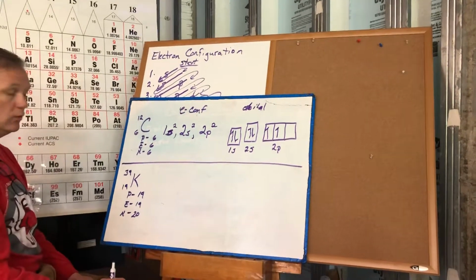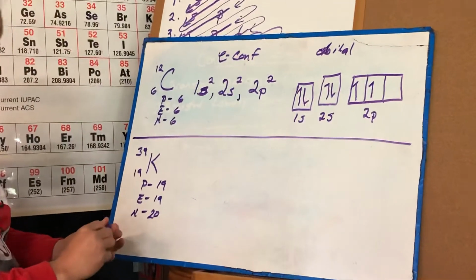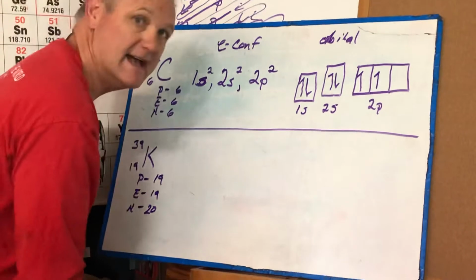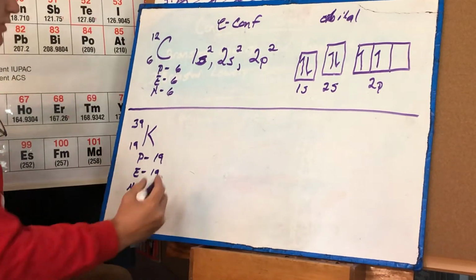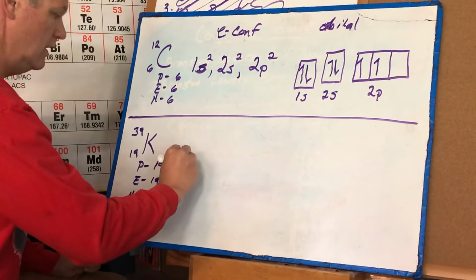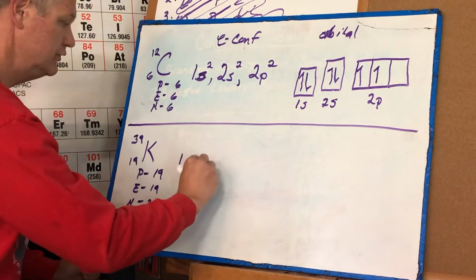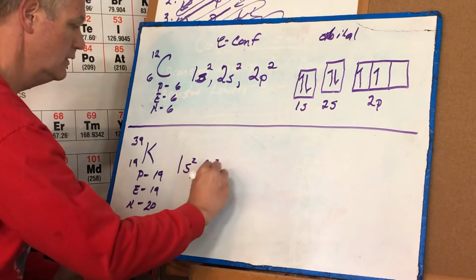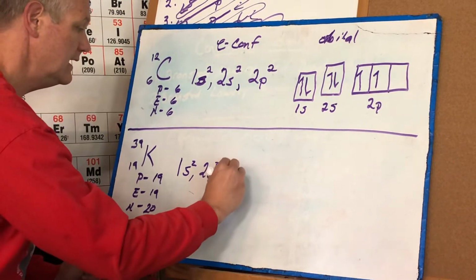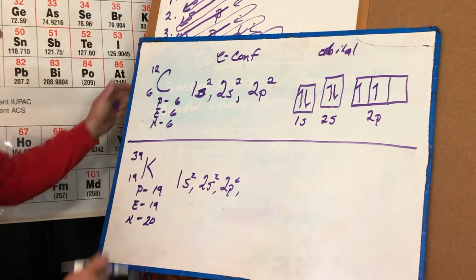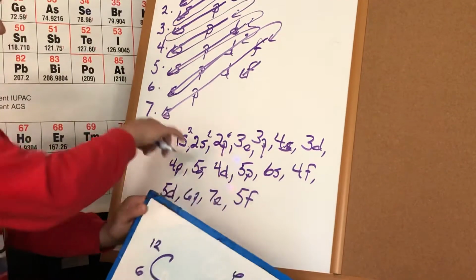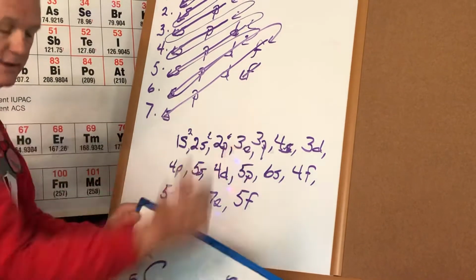So the next one that I want to do, just to give you one that's a little bit bigger, is potassium. Potassium is going to have 19 electrons. So I'm going to say 1s2, 2s2, 2p6. Now, somebody's going to say, well, how did you know that? Well, I went back to my original configuration, and I'm just filling them up. This is what I always use.